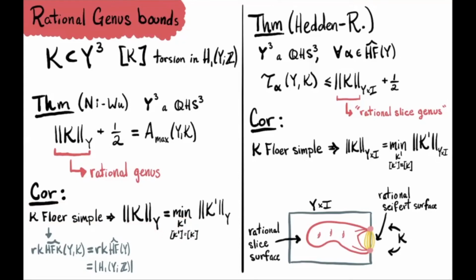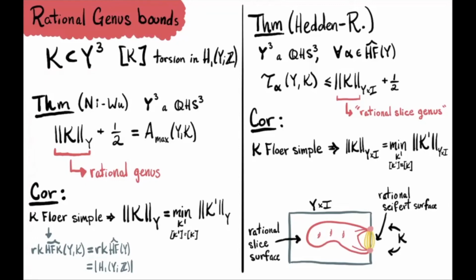Okay, so this is all really about the 3-dimensional rational genus, i.e. what kinds of rational Seifert surfaces exist for our knot in this 3-manifold.